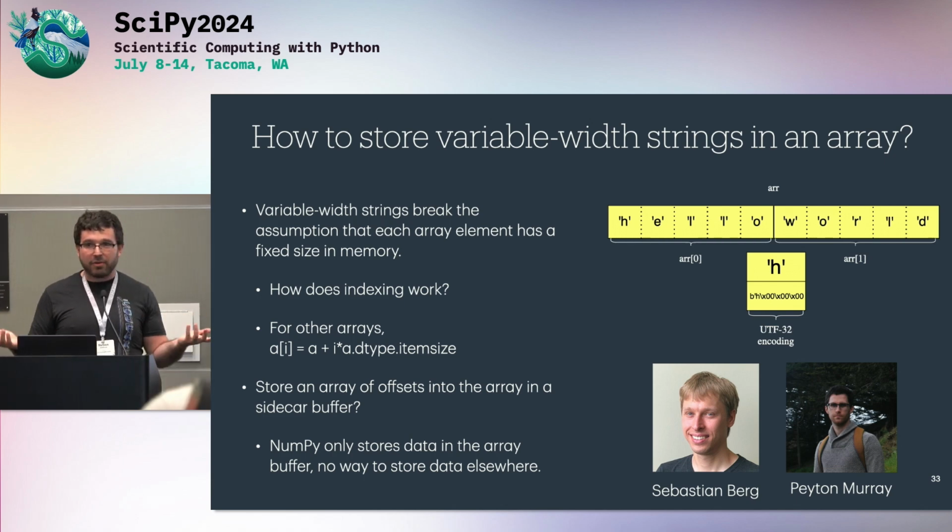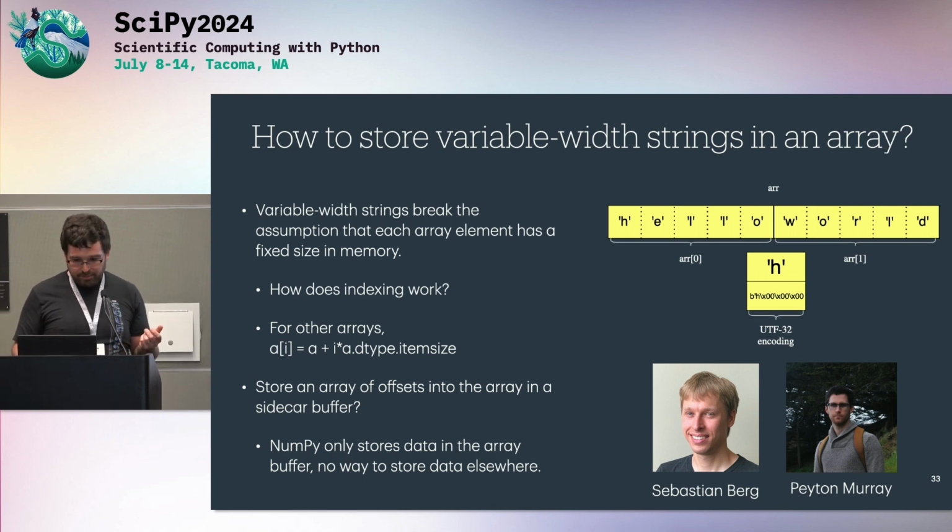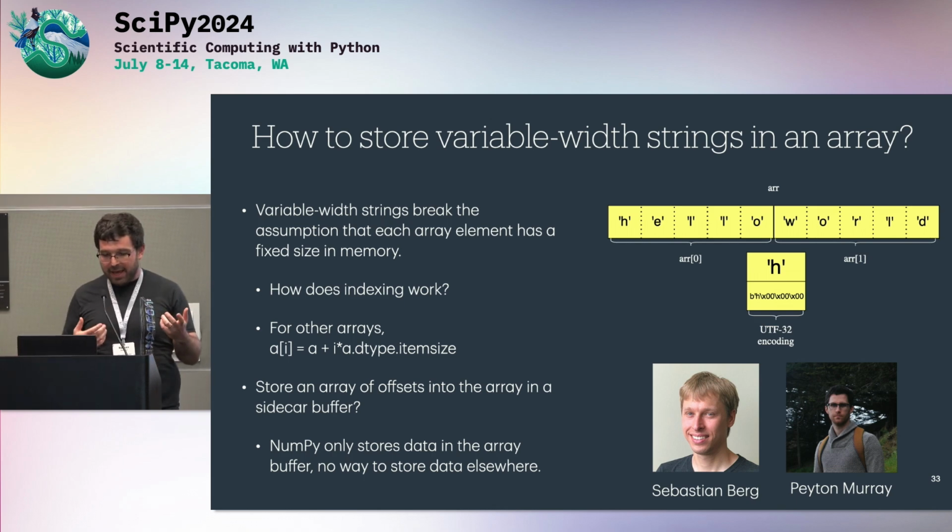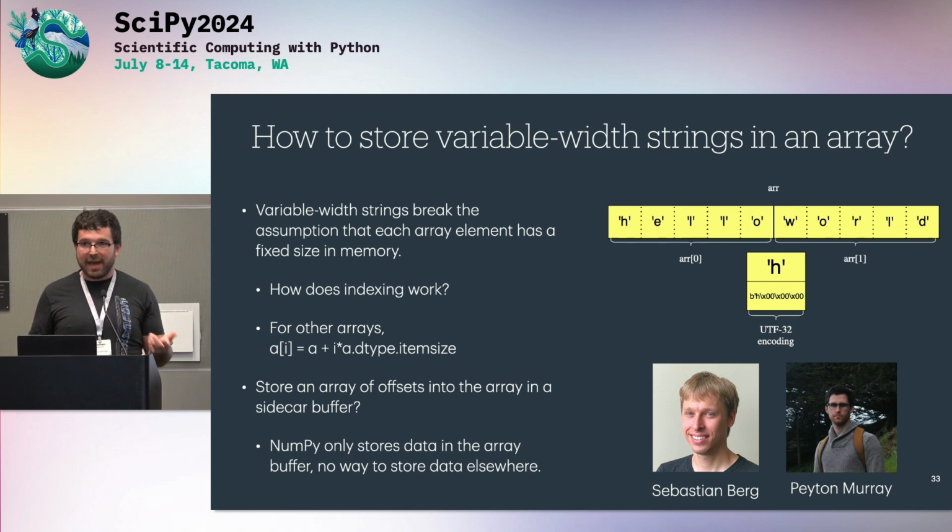If you have variable width strings, what do you do? You have to do something else. Another problem is that NumPy doesn't offer a way to store data outside of the array buffer. There's no notion of sidecar storage in NumPy, so you would need this.